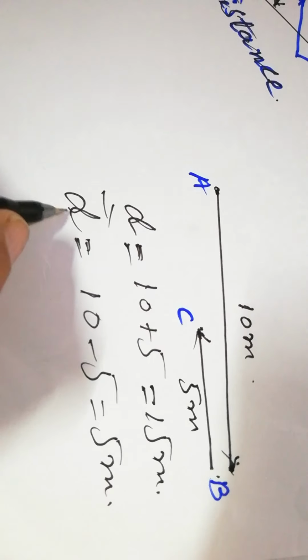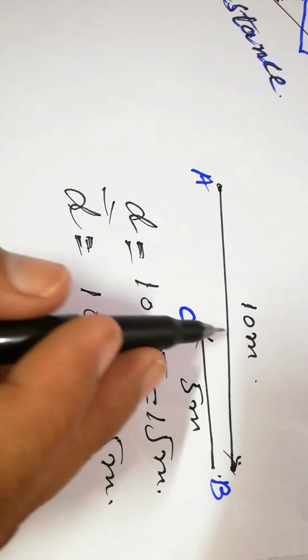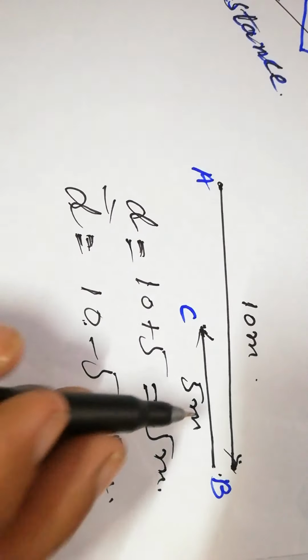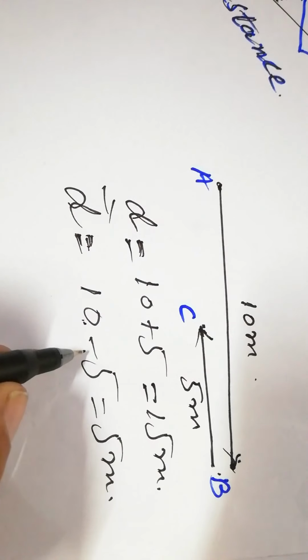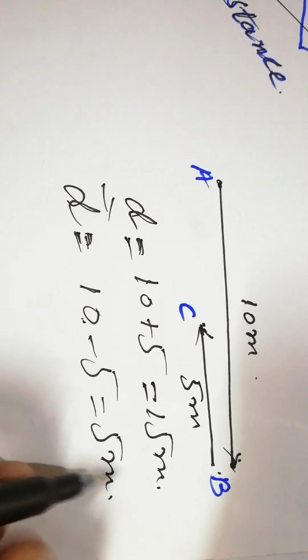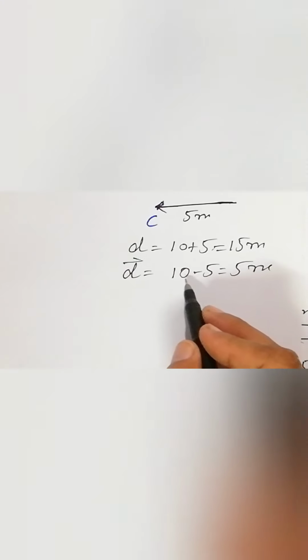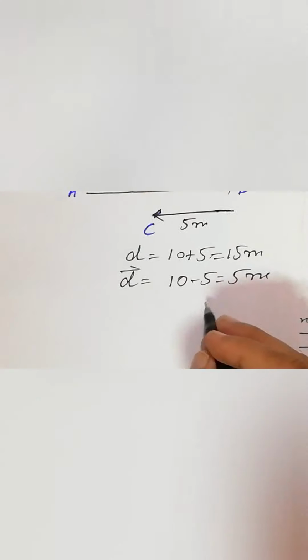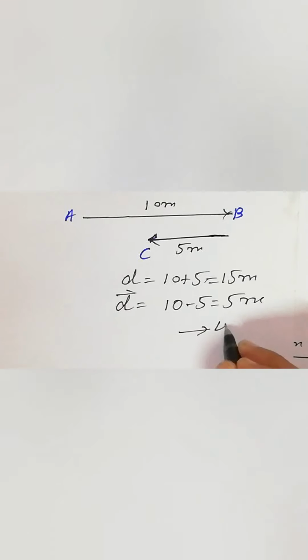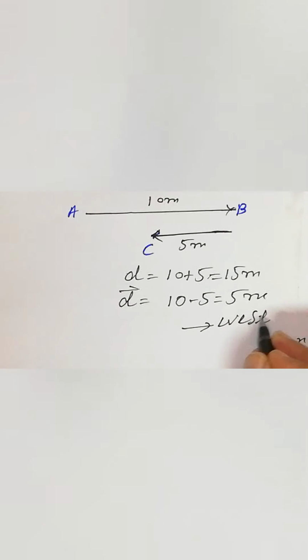So the displacement is 10 minus 5. Why minus? Because its direction is reversed here. So it comes to be 5 meters, and the direction is towards the west.